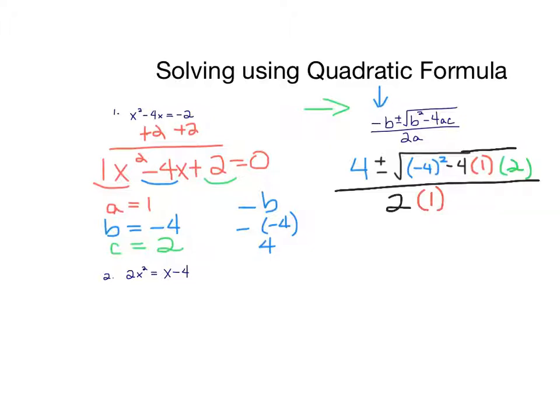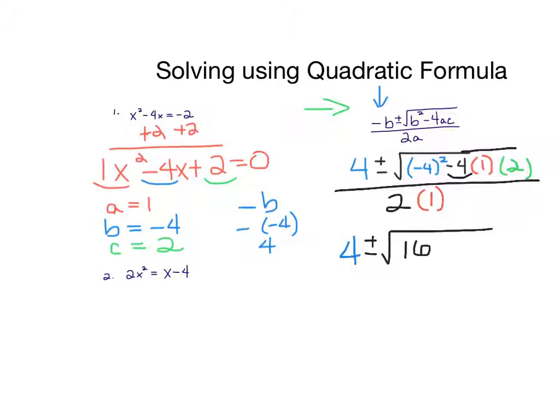So now I need to simplify the denominator, and I also need to simplify what's under the radical sign. So I'm going to go ahead and I'm going to rewrite the 4, the plus minus. I'm going to do negative 4 squared, which gives me 16. And then I'm going to multiply the negative. I treat the negative, the subtracted 4, as a negative 4.